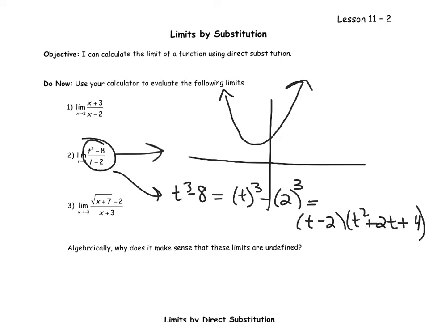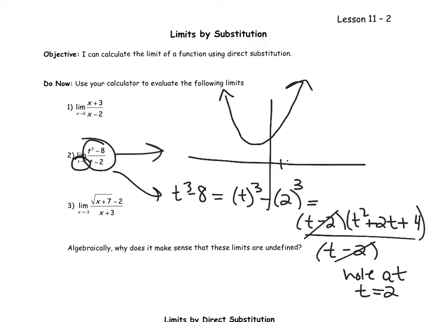That's what the numerator would look like, all divided by t minus 2. You should remember, from our rational functions unit, because these cancel, there would be a hole at t equaling 2. Because we're approaching 2, there is actually going to be a hole here.